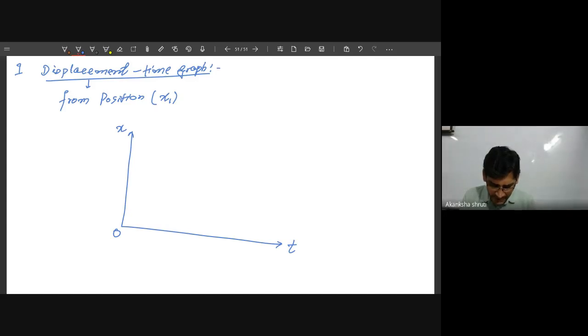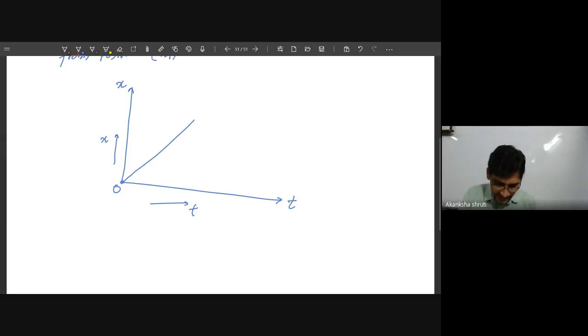So if the object is at rest, it means x will not vary. If we consider the object initially at the origin, from where the position is measured, and if this varies, it means position is increasing with respect to time. In this direction, when the time is increasing, the position x is also increasing. So it is for an object in motion.